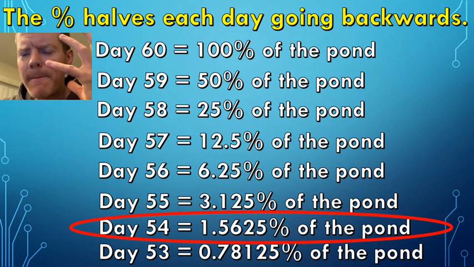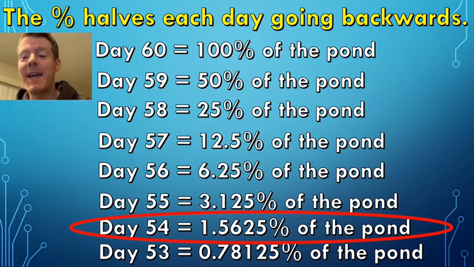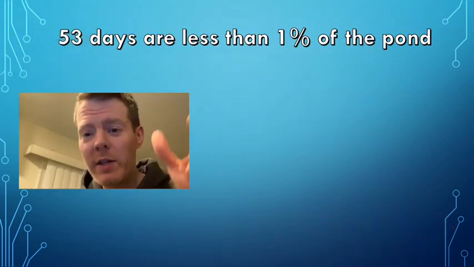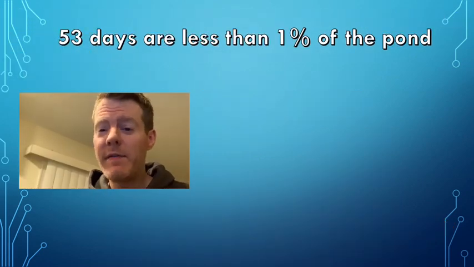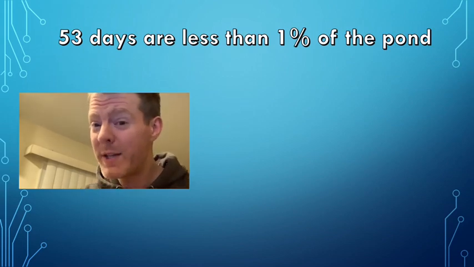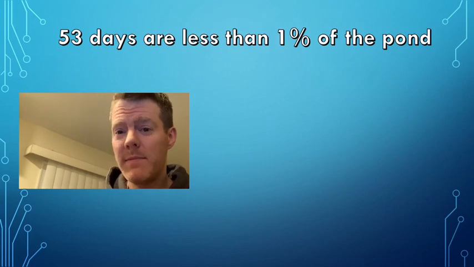But what does this mean? It means a lot. And when we talk about COVID-19, you'll kind of understand why this all connects and how the math is involved here. So in our lily pond, 53 of the 60 days, almost all of those days, were under 1%.